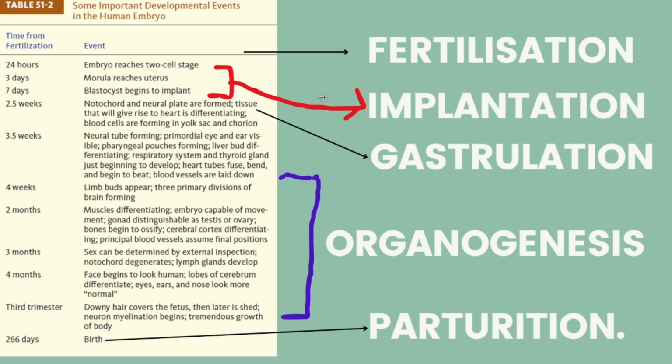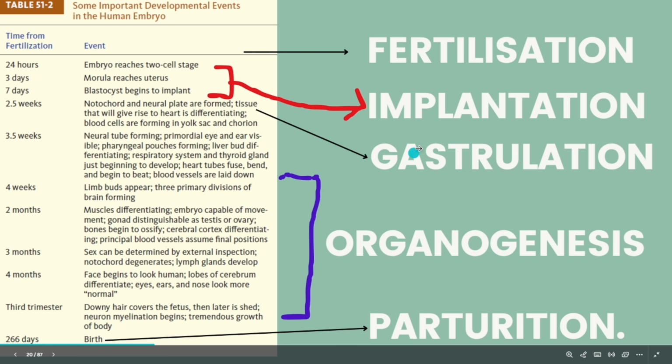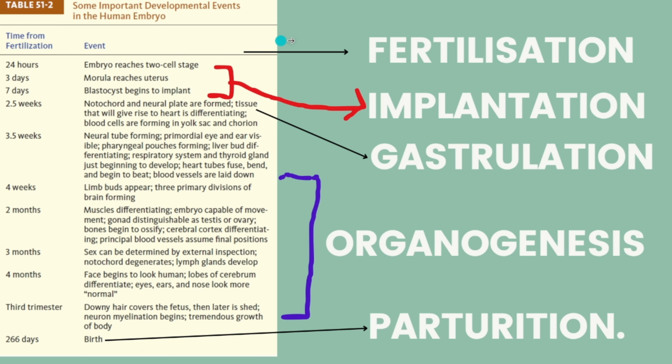In SPM, normally you only learn the terms: fertilization occurs, implantation occurs, gastrulation, organogenesis, parturition occur. You only know the terms, but you do not know the whole mechanism.